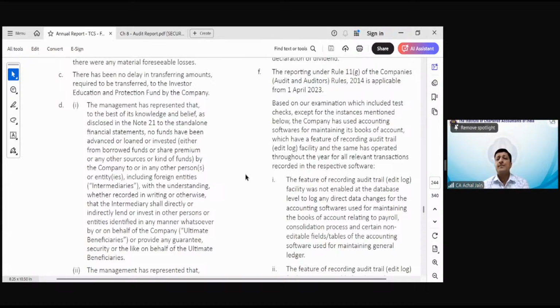In this case, auditor is required to comment upon the audit log. So the accounting software which is used, whether that carries the audit trail or not. I'm not sure whether you are aware of this requirement or not. So this is a mandatory requirement. So now what is it that the auditor is saying? That we are required to comment upon this. So this is applicable to the company from 1st April 23.